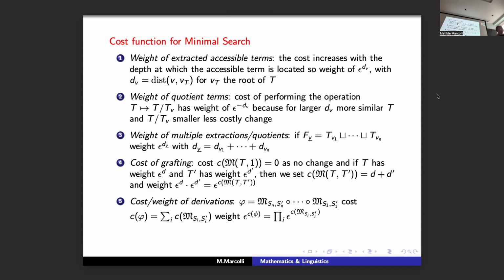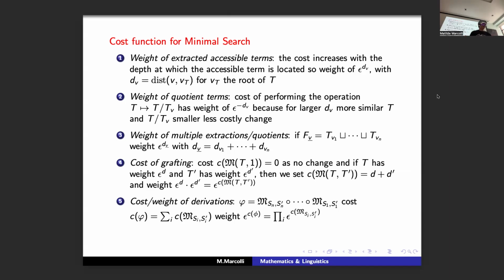Yeah, that's true, but that would still, in a sense, modify the structure of the tree a lot. Okay, I understand. Of course, this is related to her question. You can make a more sophisticated way, which also accounts for the shape of the accessible terms.